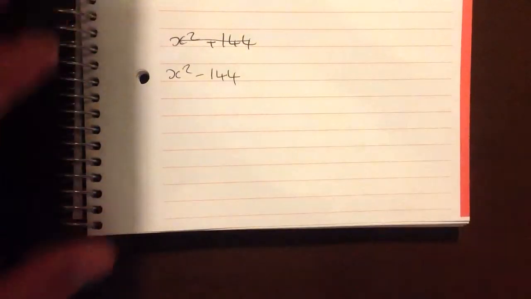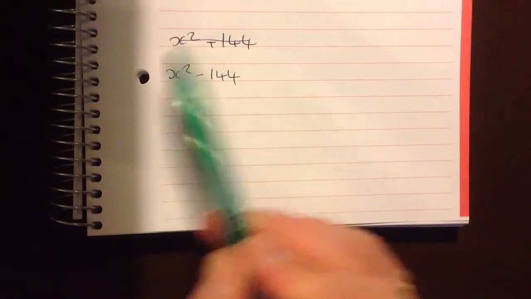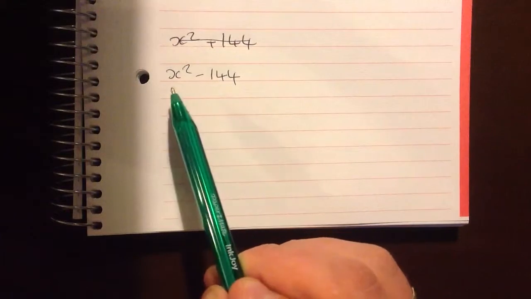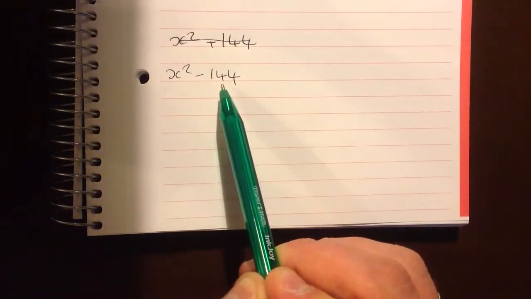144. Okay, when you see an expression like this, where we've got an x squared term and just a pure number term that doesn't involve x or n or anything like that, you know that it's the difference of two squares.